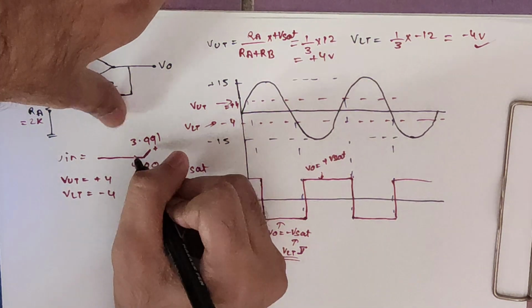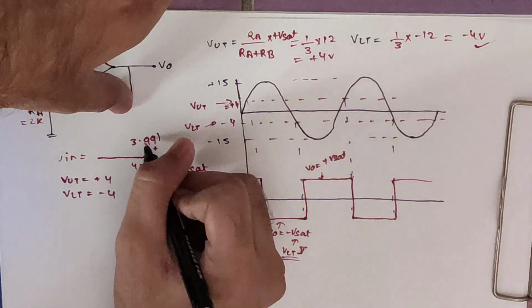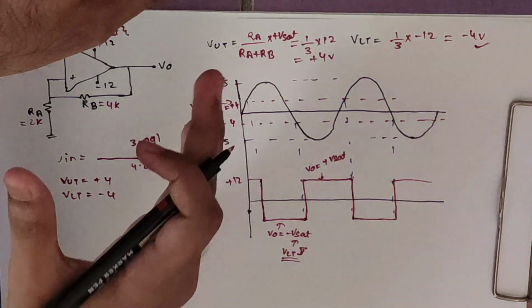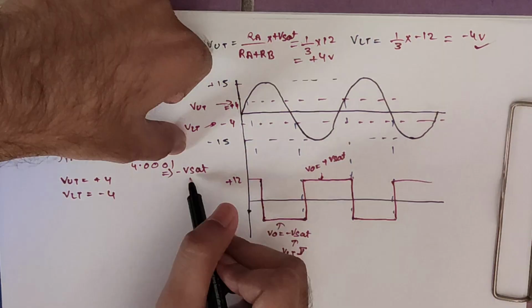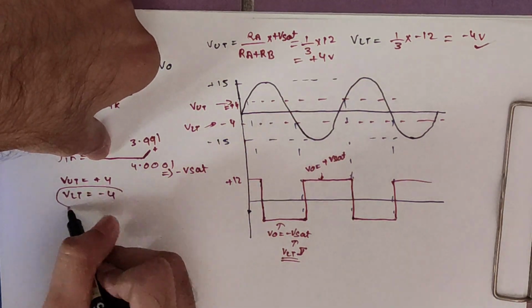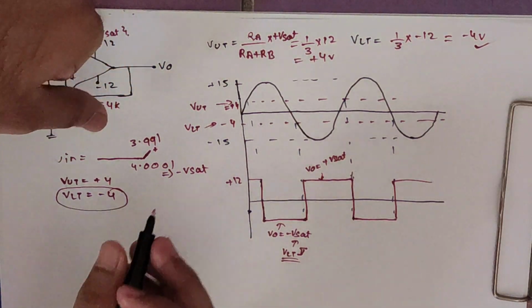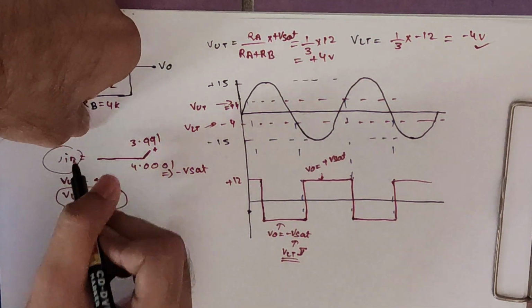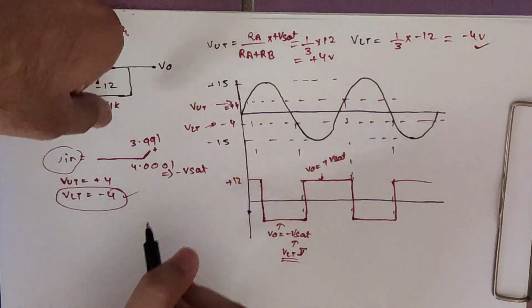But now if our input voltage becomes less than 4, basically 3.99, at this time our output voltage is not going to change from minus Vsat to plus Vsat, because at this time our lower threshold voltage will become active. So to change from minus Vsat to plus Vsat, our input voltage must become less than minus 4 volt.